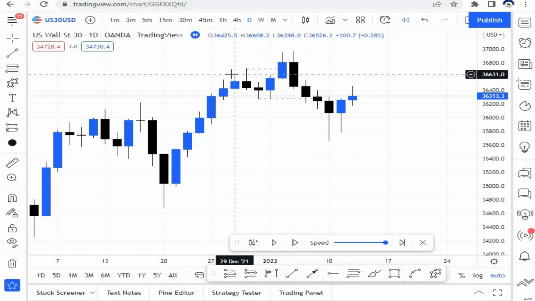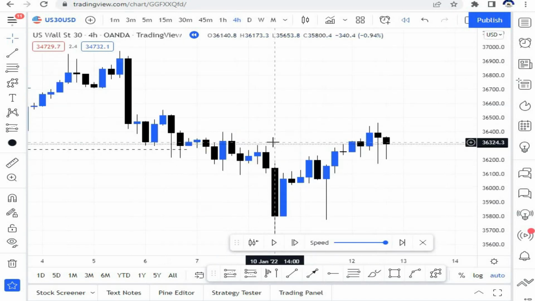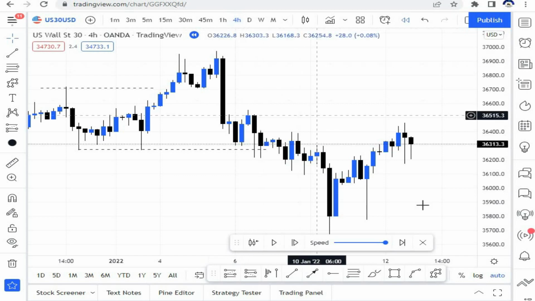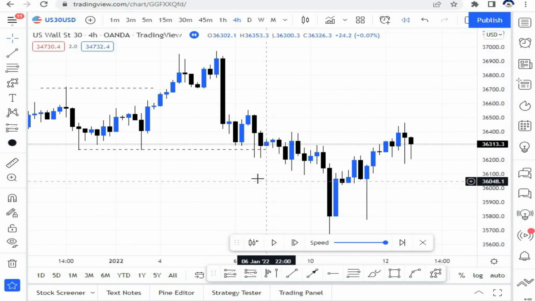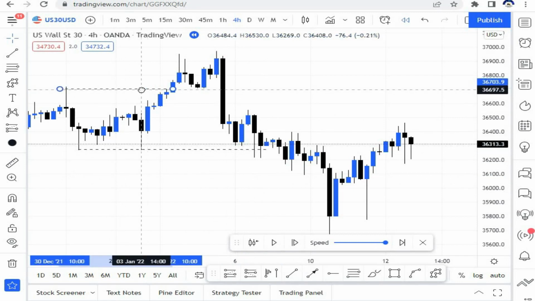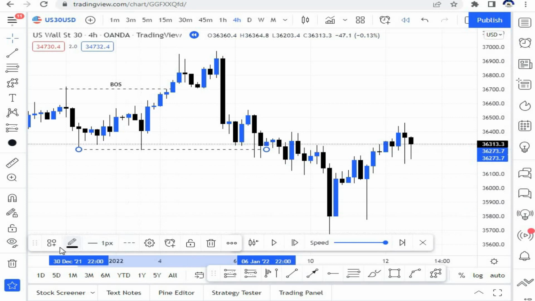Alright, the next thing which you have to do is to go into your smaller time frame. Me, I use the H4 time frame, because that's the one giving me true moves. As you can see, guys, we have a break of structure at the top. Let me label it: break of structure, change of character.